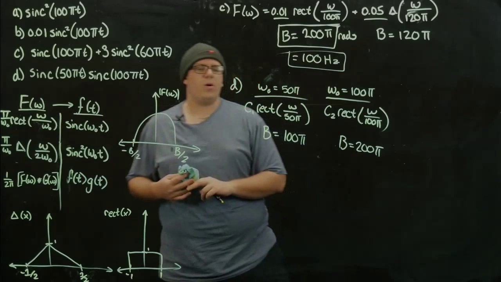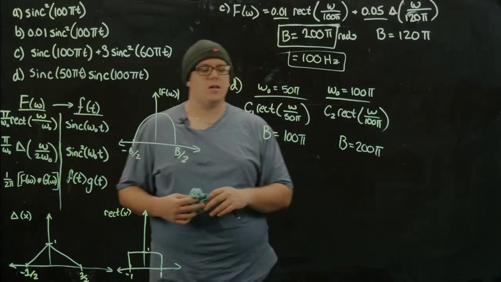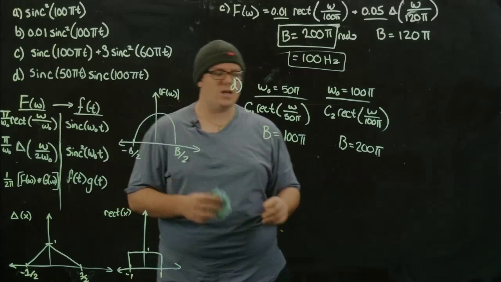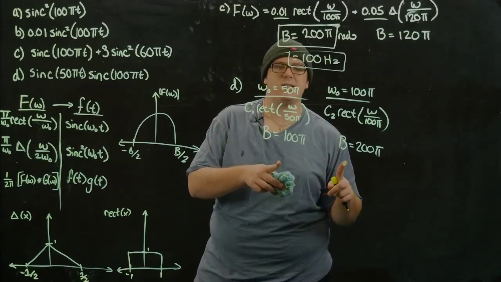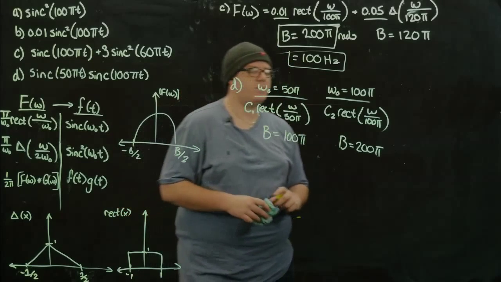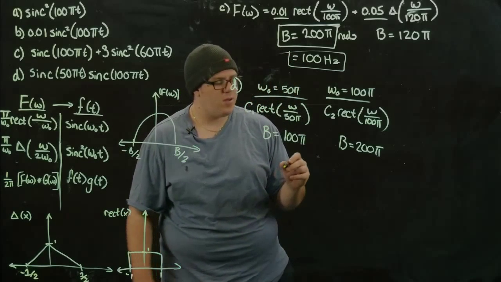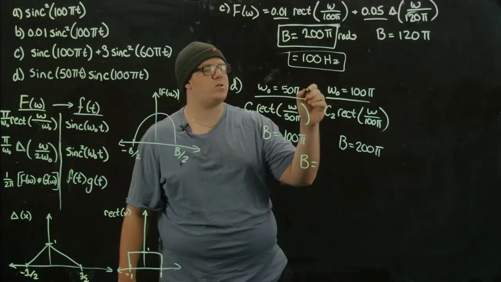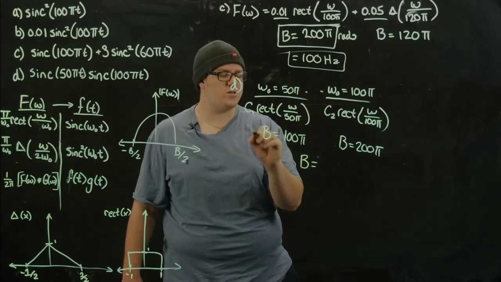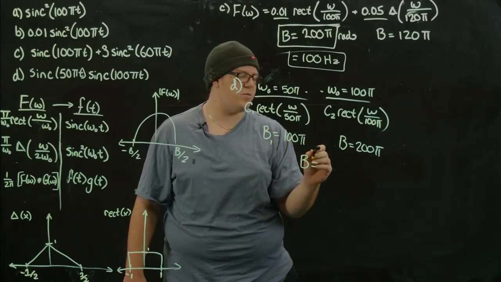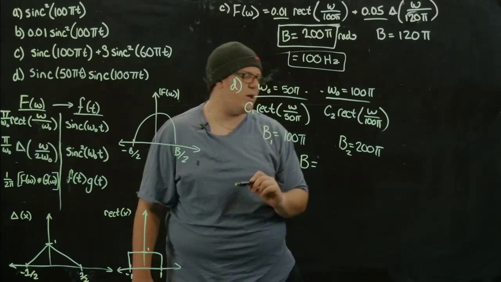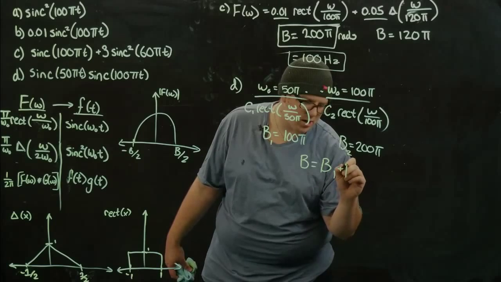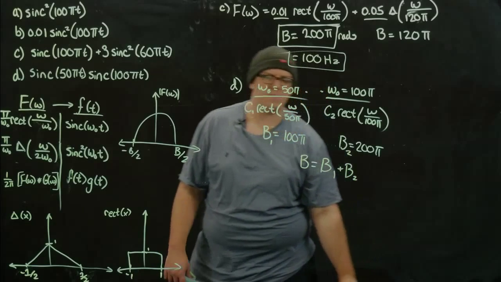So when you convolve things, the length of the convolved function is the sum of the lengths of the original functions. So the bandwidth of the multiplication of the two functions, with bandwidth 1 being 100 pi and bandwidth 2 being 200 pi, the total bandwidth is just the sum of the two.